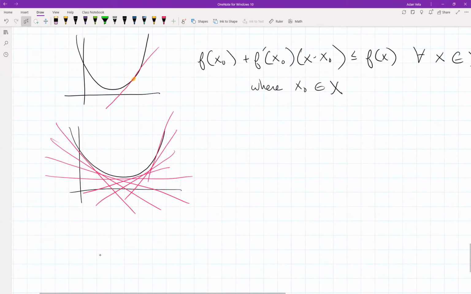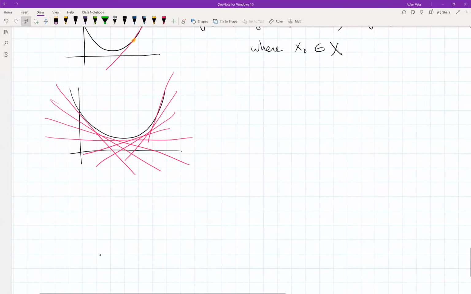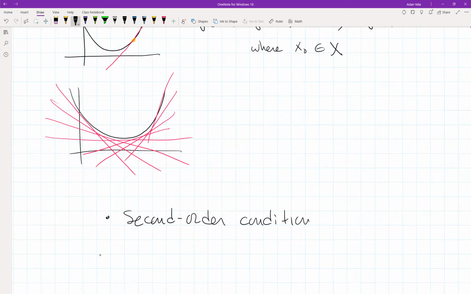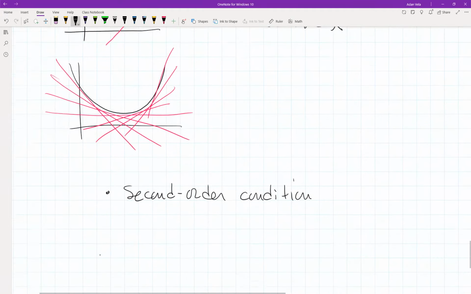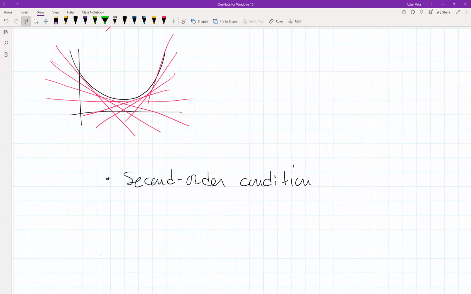The next condition that convex functions satisfy, or a property of them, is the second order condition. And this is probably the one you guys know most, right? From your calculus class when you were undergrads, when you talked about convex functions or concave functions.